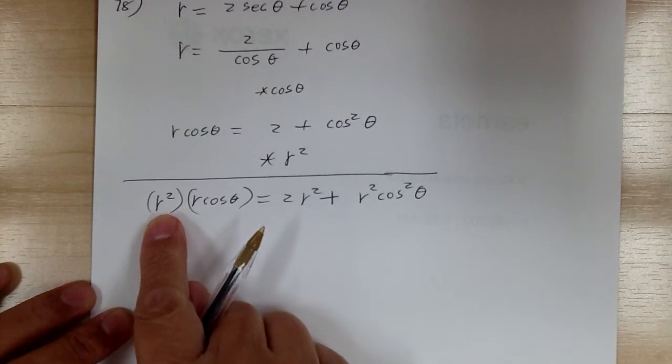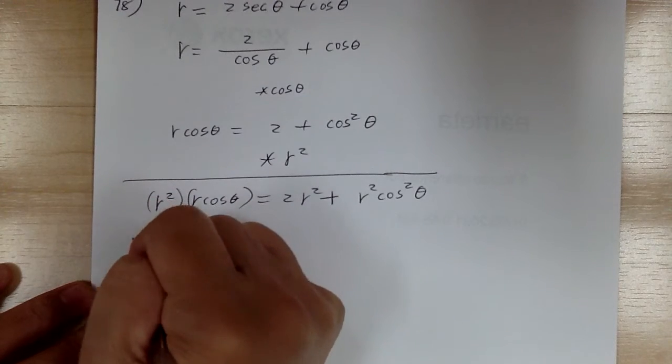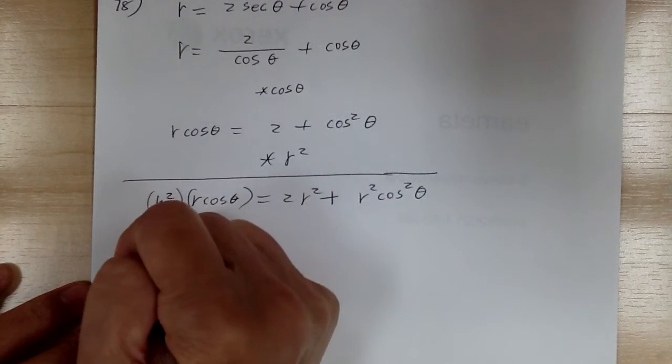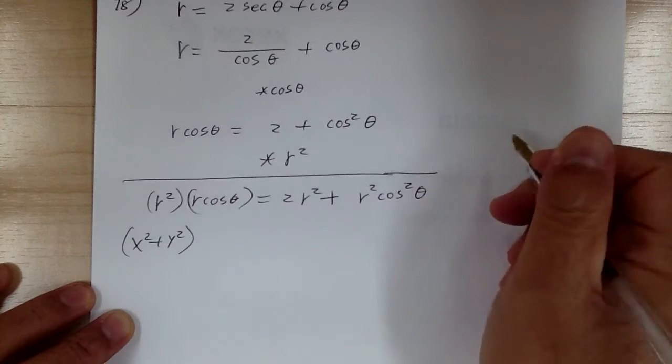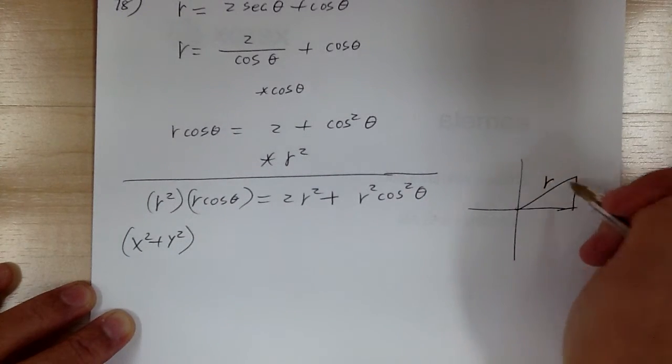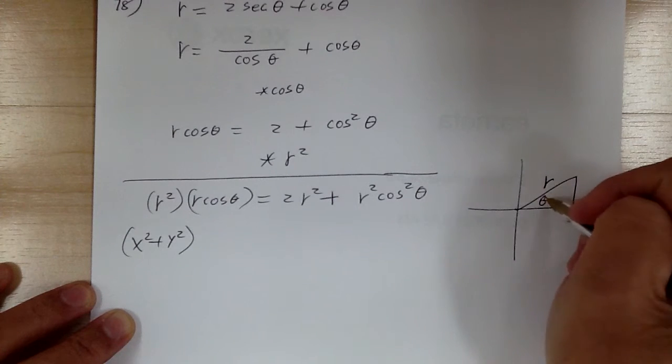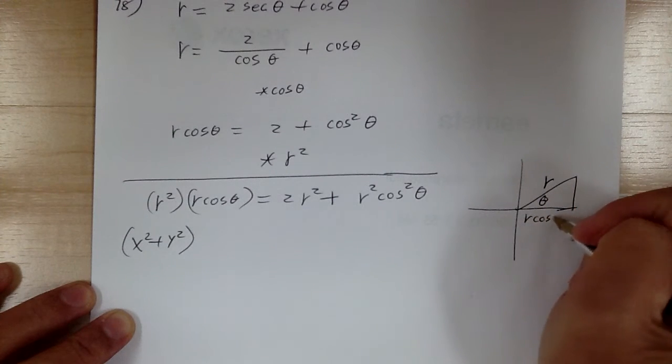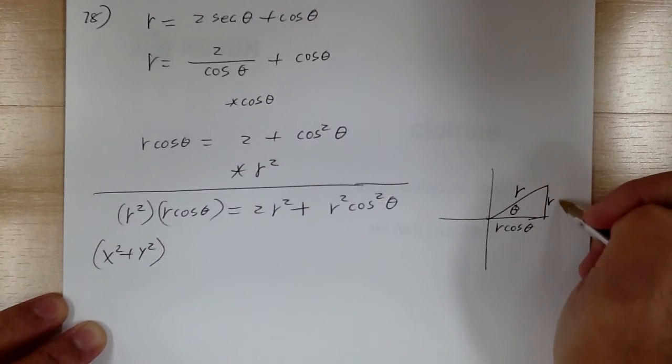And so this part over here, r squared is x squared plus y squared from your Pythagorean theorem. R cosine theta, so again, if you remember, this is r, this is theta. So this is r cosine theta, this is r sine theta.